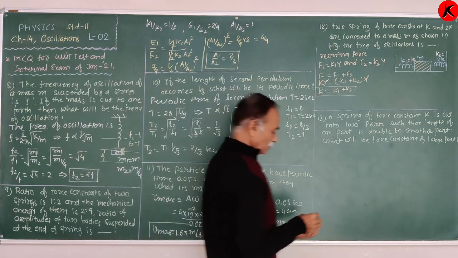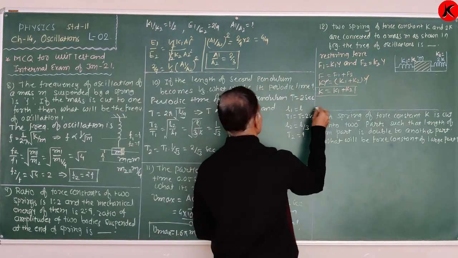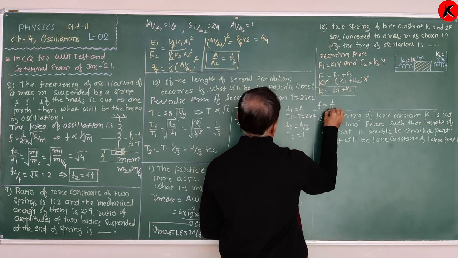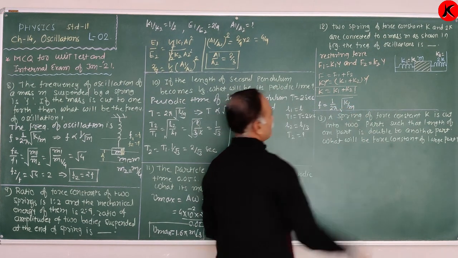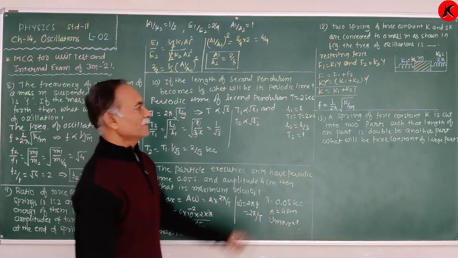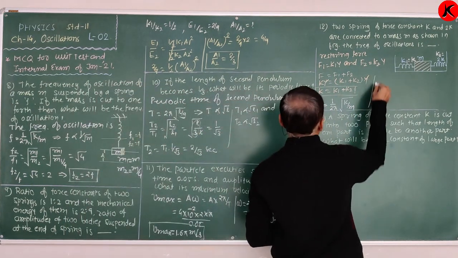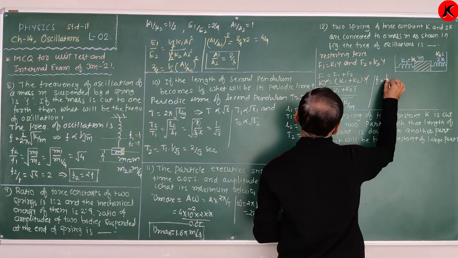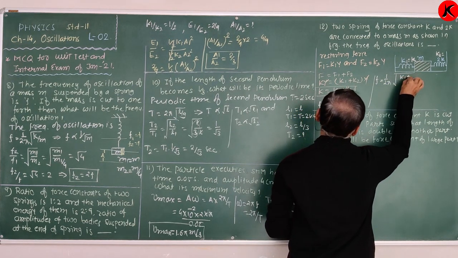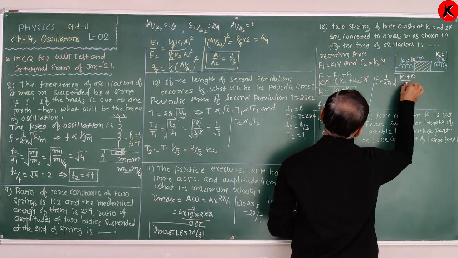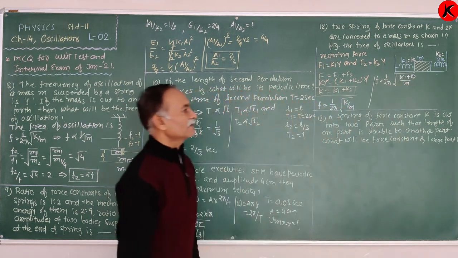Now the frequency of oscillation f is equal to 1 upon 2 pi under root of k upon m. Substitute the value of k. Therefore, frequency of oscillation is 1 upon 2 pi under root of k1 plus k2 upon m.